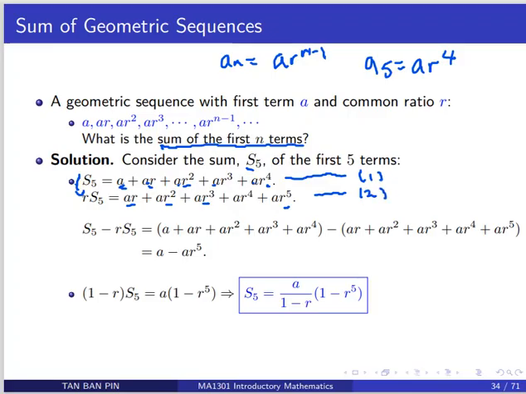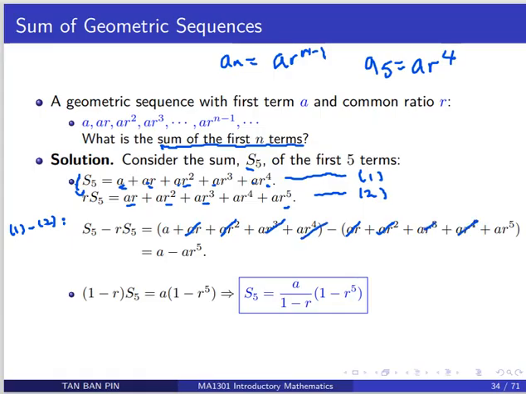So if you take equation 1 and subtract equation 2, the left hand side is S5 minus rS5. On the right hand side, you just subtract accordingly. Then you find that ar and ar cancel, ar squared cancels, ar cubed cancels, ar^4 cancels.